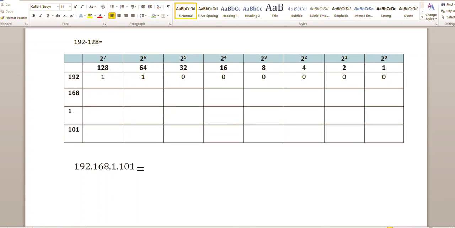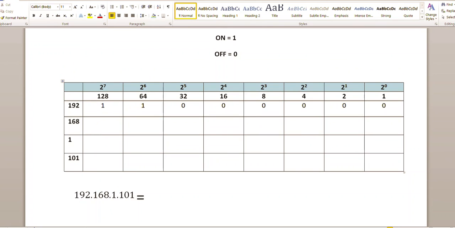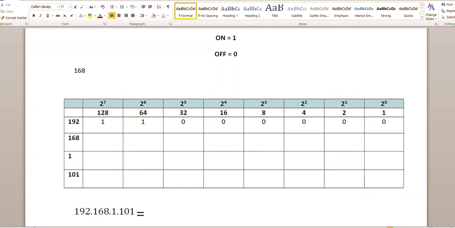Now let's look at the number 168. Can 128 go into 168? Yes it can. So we place a 1. We minus now: 168 minus 128 will give us a total of 40. Now look at this. Can 64 go into 40? No. So we place an off value.